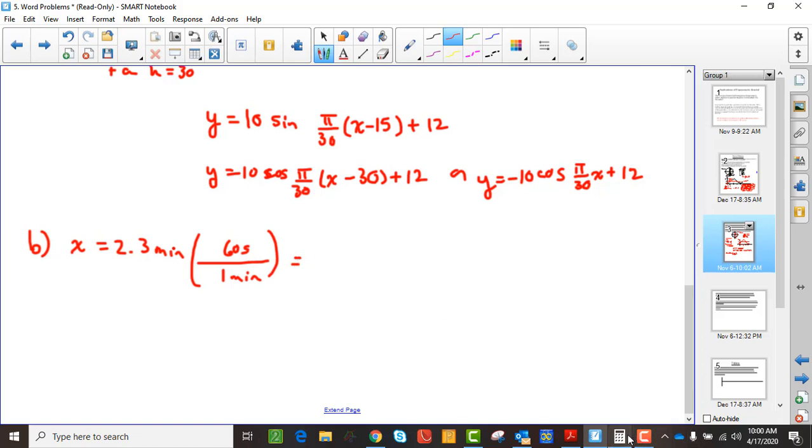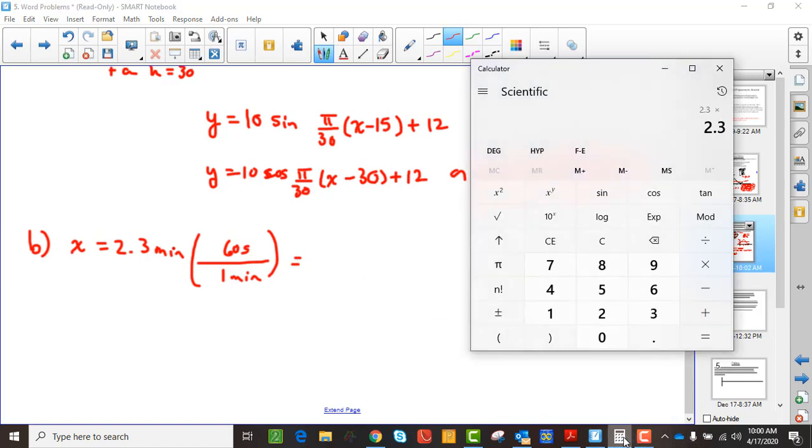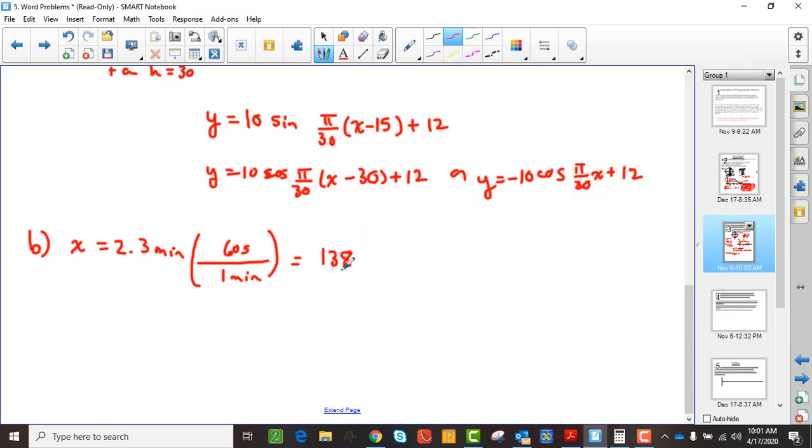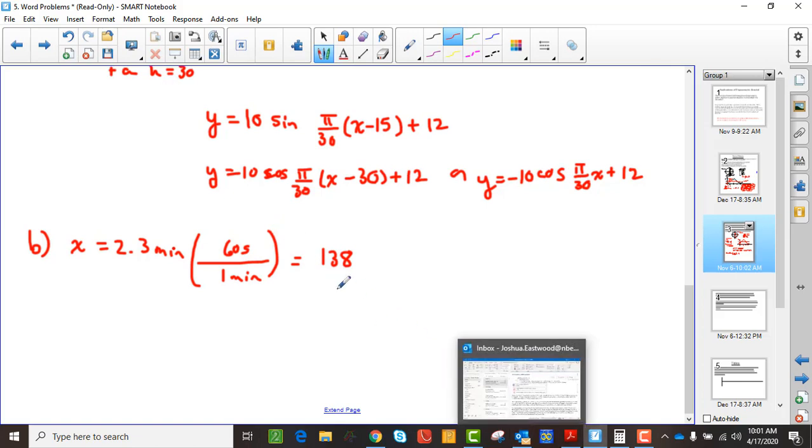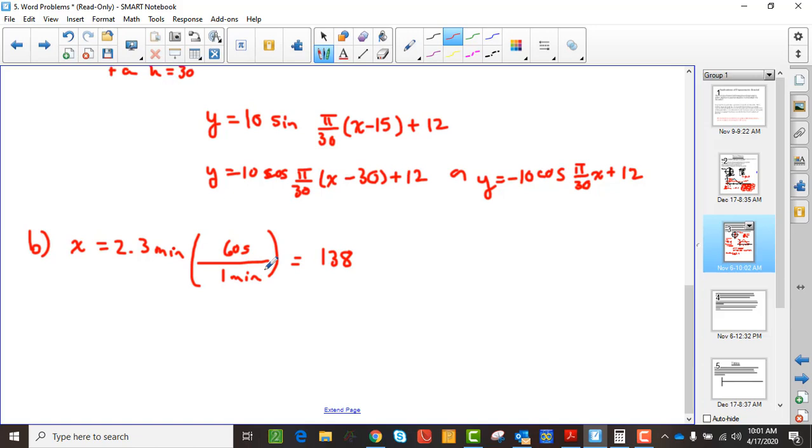We take 2.3 times 60, which is 138. Then you plug that 138 into one of these equations. It doesn't matter which one. In fact, you're never going to be asked to produce 3 equations. I'm just showing you those because that's what they are. You only have to do one.